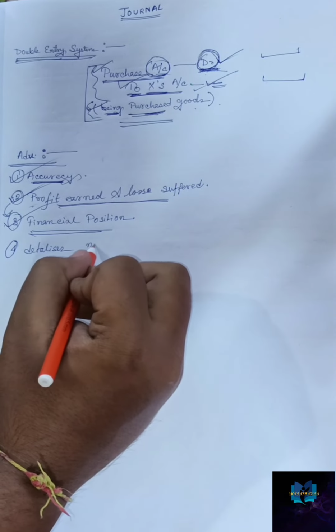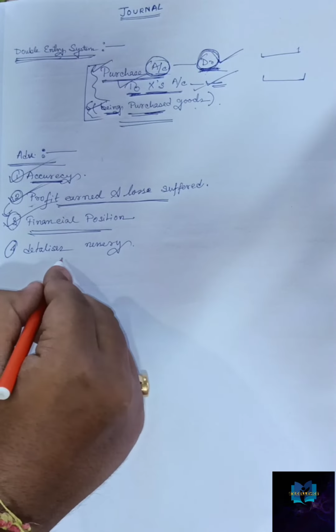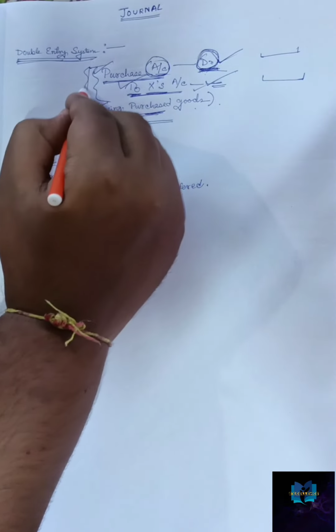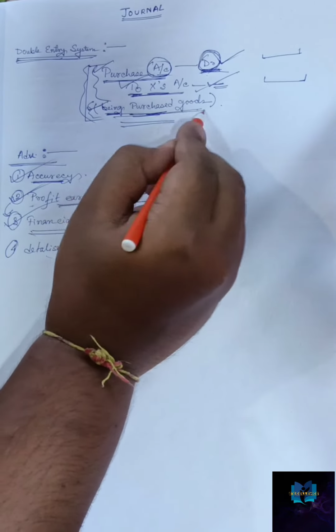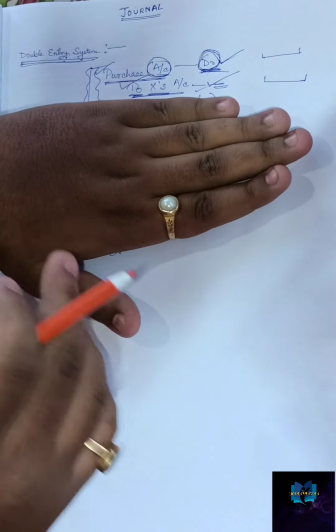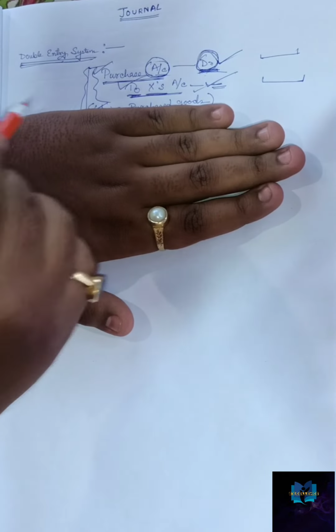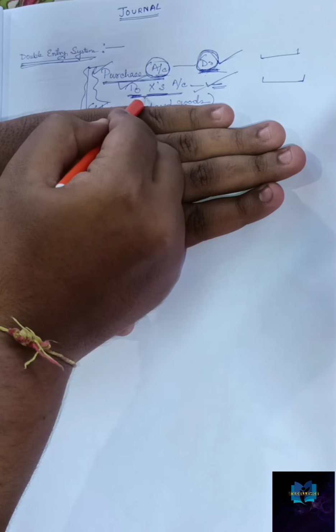Details necessary. So from this journal entry, what details are we getting here? The narration we are writing is the detail of the journal. If the narration is not given, we only see purchase account debit to X account.